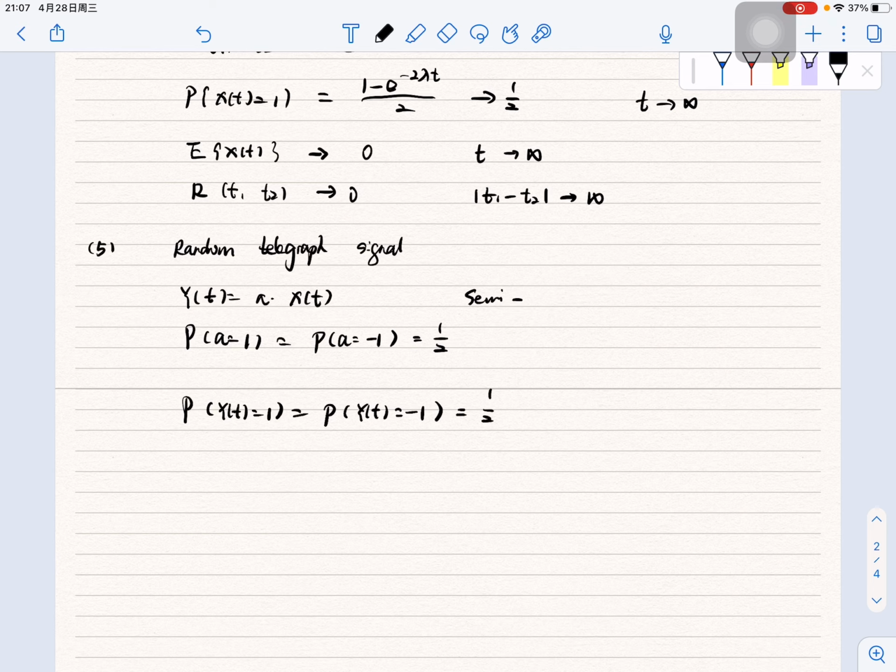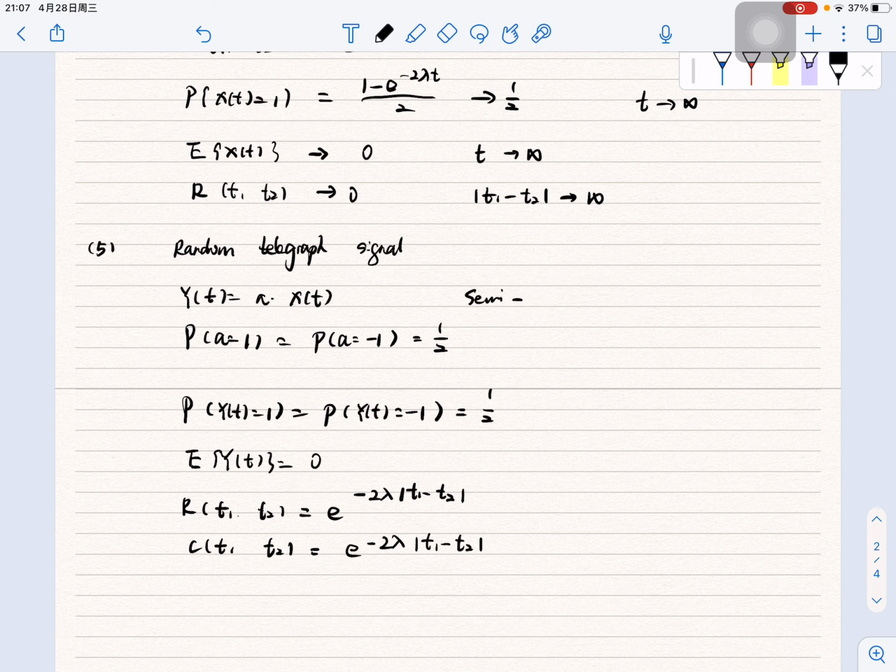The mean value is that the expectation of Y(t) equals 0. The autocorrelation R(t1, t2) equals e to the minus 2 lambda times the absolute value of t1 minus t2, and the autocovariance C(t1, t2) equals e to the minus 2 lambda times the absolute value of t1 minus t2.